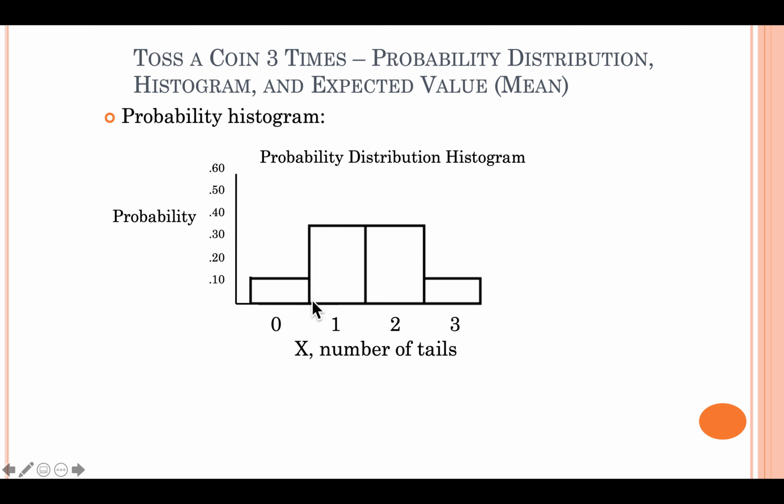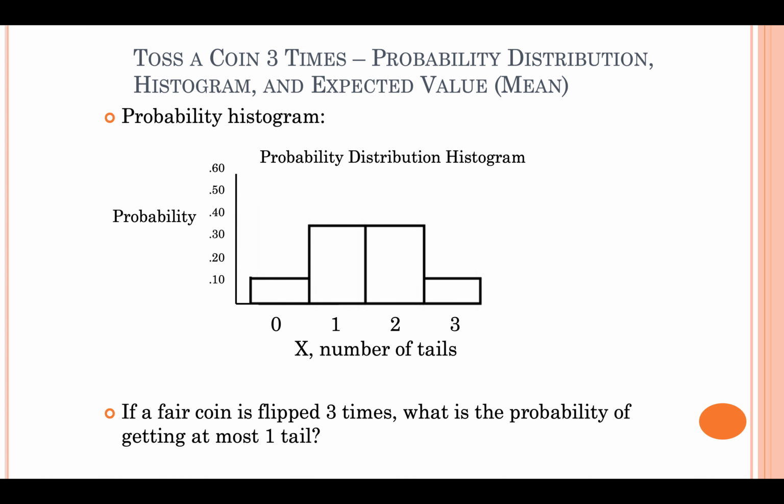Looking at this histogram, we can answer this question: if a fair coin is flipped 3 times, what's the probability of getting at most 1 tail? Since this histogram represents the experiment for flipping the coin 3 times, we only have to look at the second part of the question to get the answer.